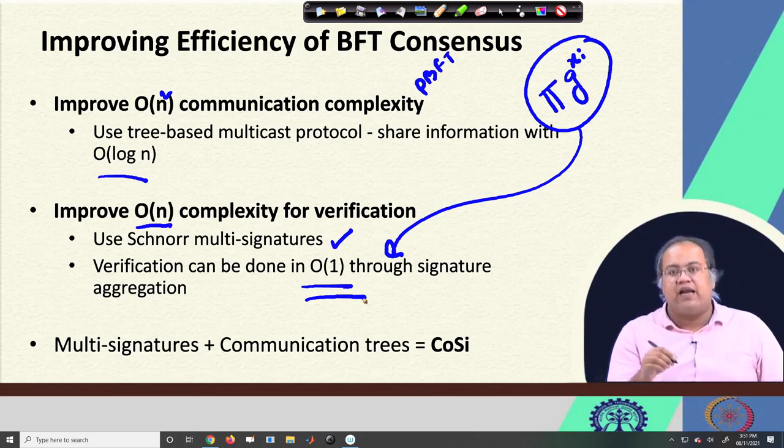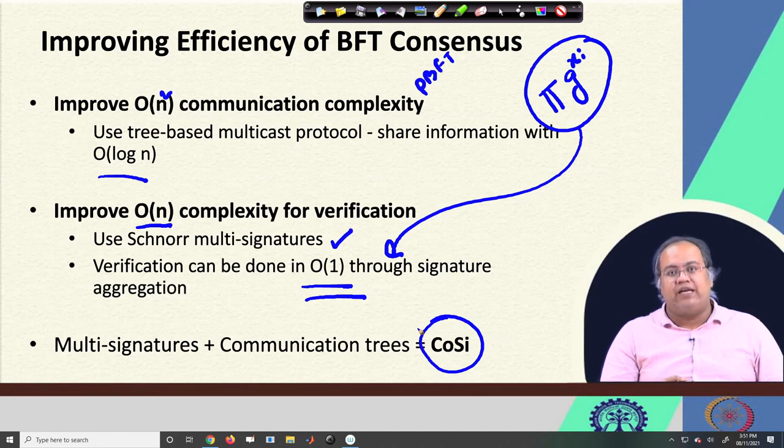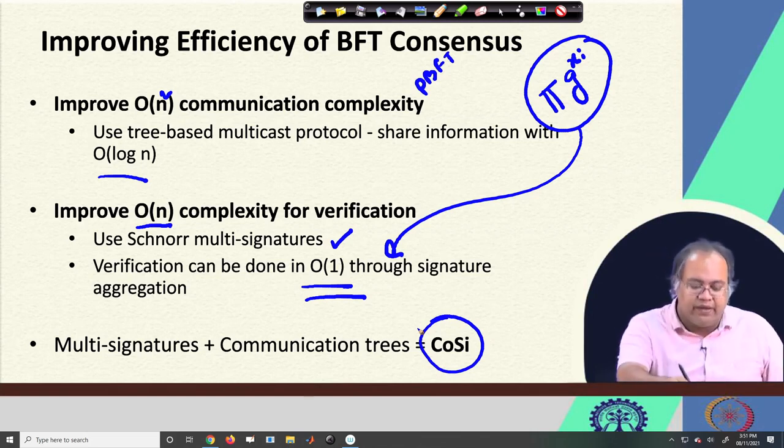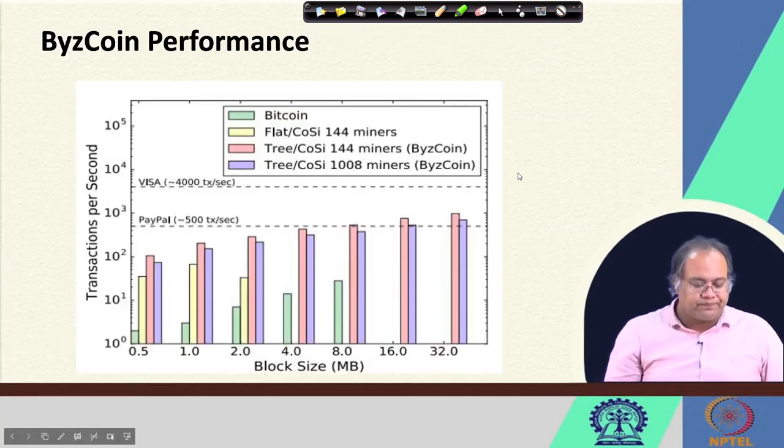As we learnt in the last class, multisignatures plus a communication tree constitute this collective signing mechanism. We can efficiently use the collective signing mechanism to collectively sign the microblocks, so that it validates the authenticity of the generated information in the corresponding microblock.